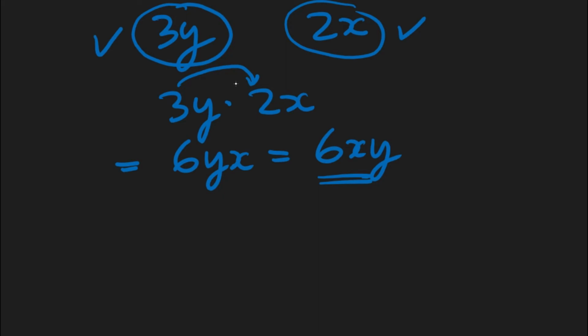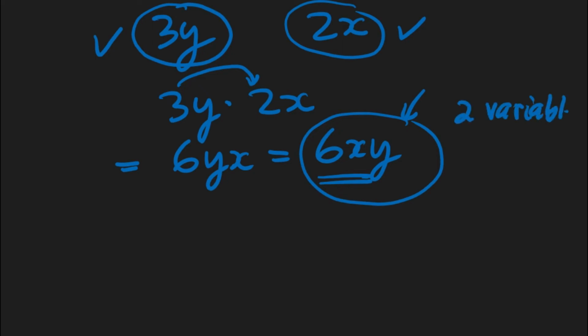We have 6xy. Please take note that this new algebraic term has two variables, x and y. In fact, we can have more than two variables in one algebraic term.